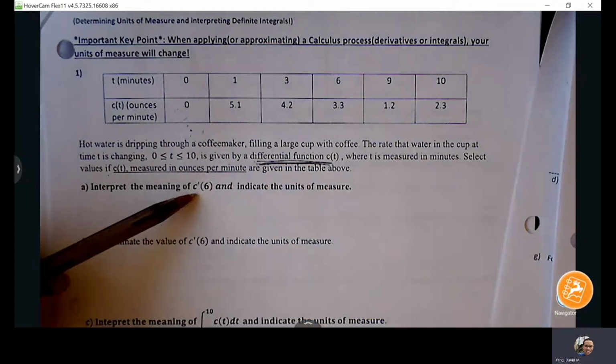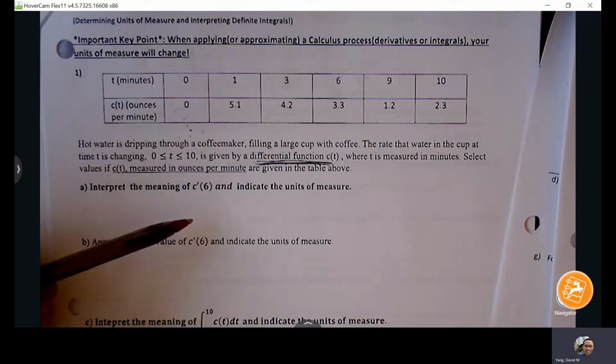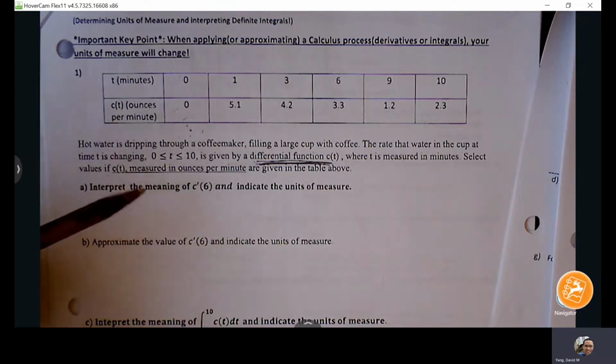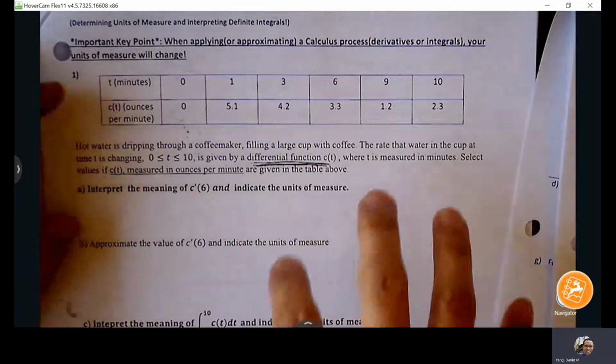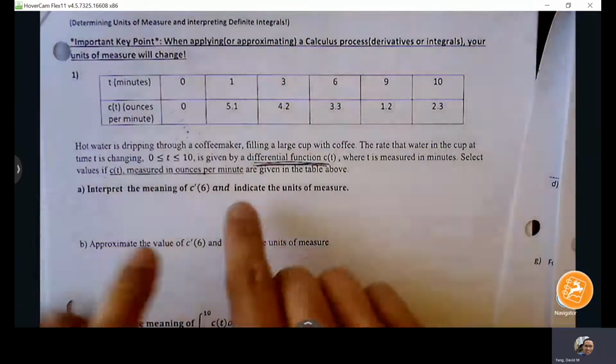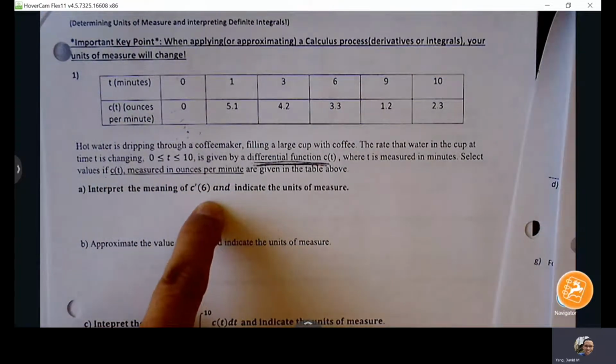How quickly the rate of water going out changes. Good, right? And what's the unit of measure going to be? Ounces per minute. Okay, ounces per minute. Good. So this is the type of problem that the AP exam likes to give, where you have a rate, but it's asking about the rate of that rate.